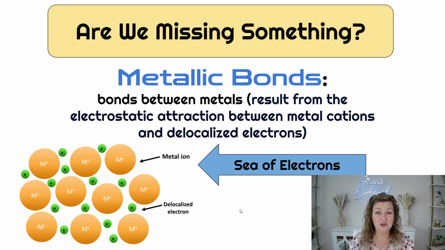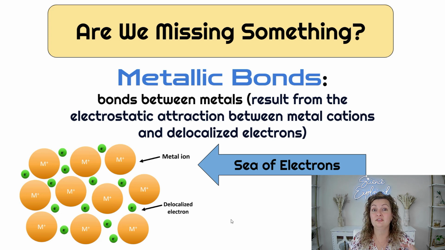Okay, so what are we missing? We're missing another bond. Just throwing this out there for you, a little tidbit, okay? Metallic bonds do exist, and that's going to be mostly between metals. And there's going to be a result from the electrostatic attraction between the metals and the cations and the delocalized electrons.